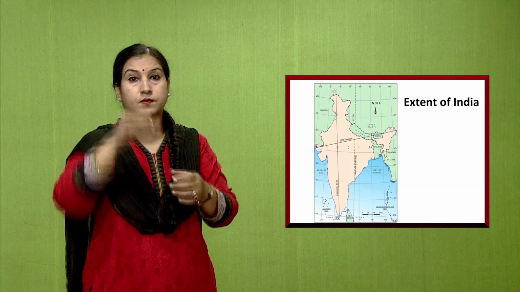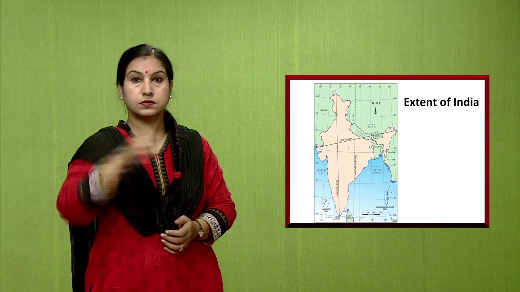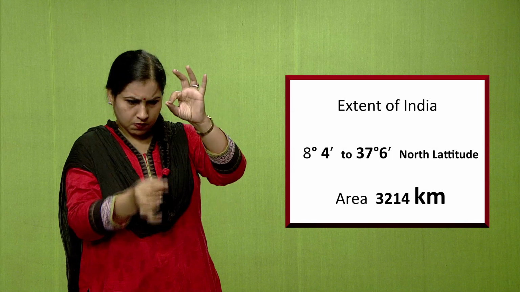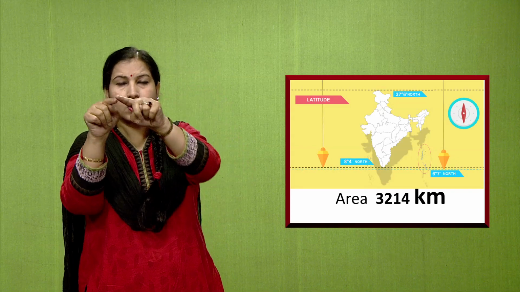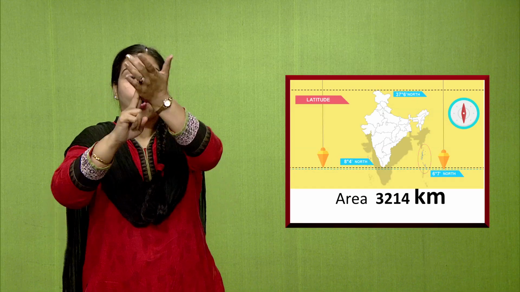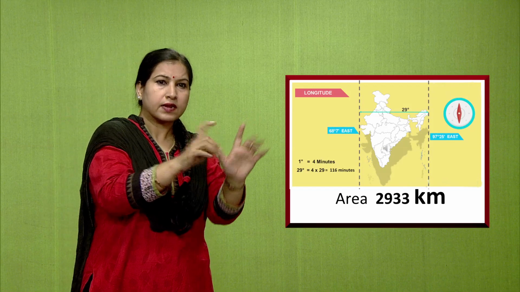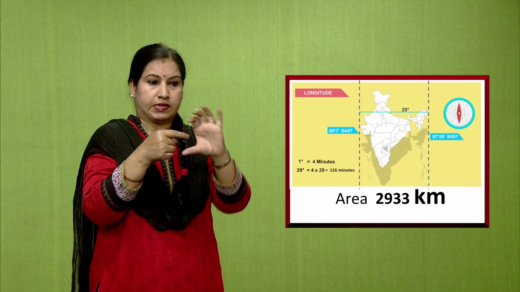The Indian mainland extends between 8 degrees 4 minutes north and 37 degrees 6 minutes north latitudes, occupying about 3214 kilometers. And in the longitudinal spread, it is from 68 degrees 7 minutes east to 97 degrees 25 minutes east longitudes, which is approximately 2933 kilometers.